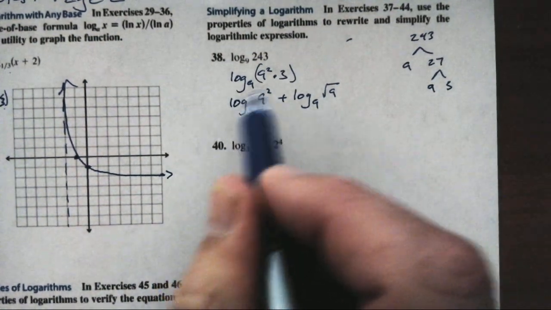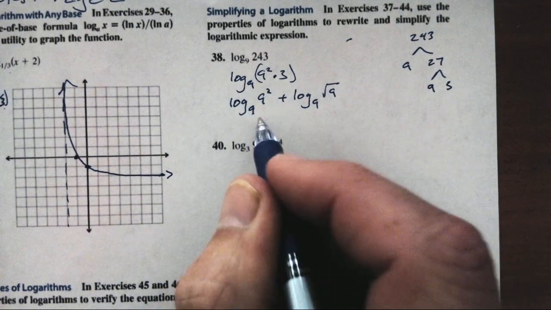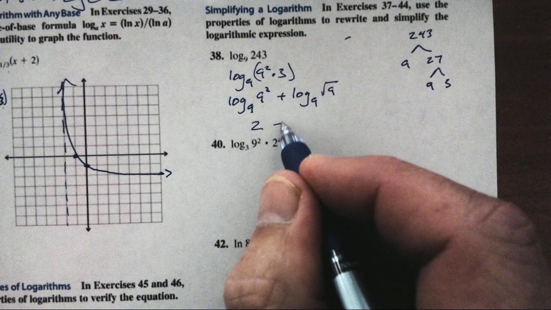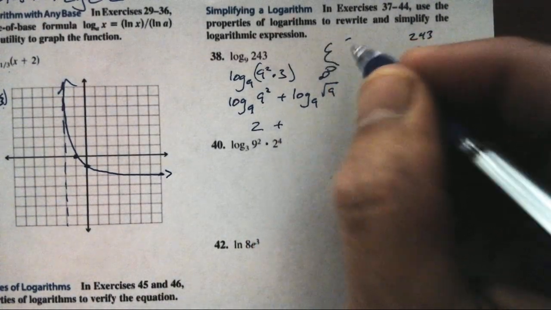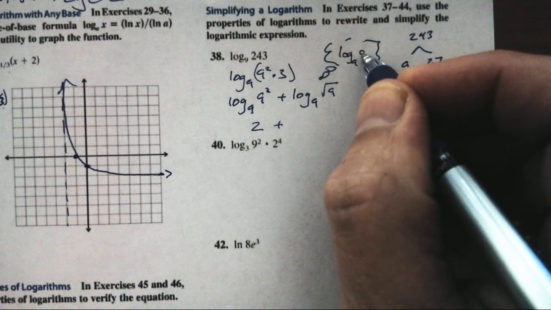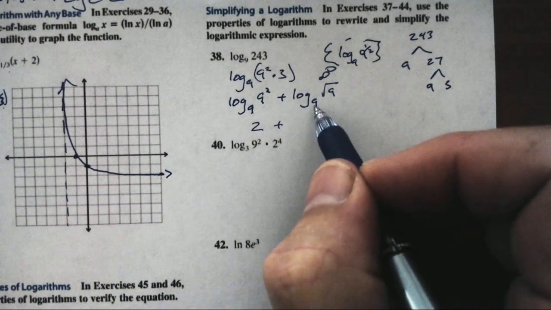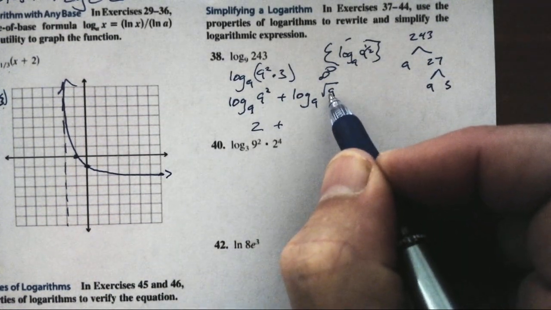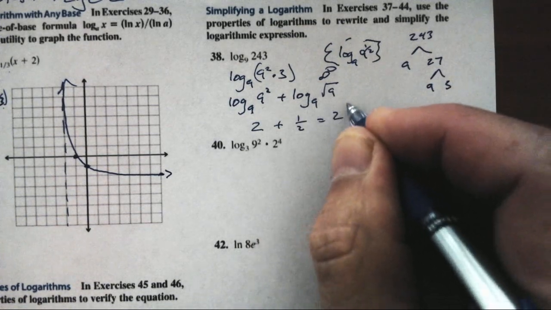So this whole thing is the exponent that would turn 9 into 9 squared. Oh, that's 2. And this guy is really log base 9 of 9 to the 1/2. That's a square root. This is the exponent that turns 9 into 9 to the 1/2. So that's a 1/2, and we end up with 2.5.